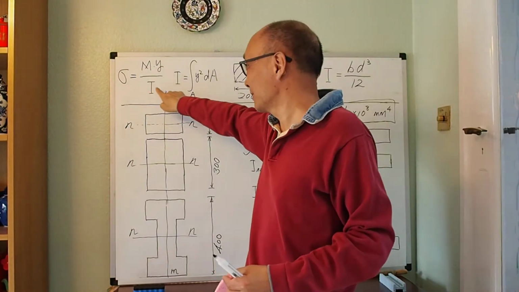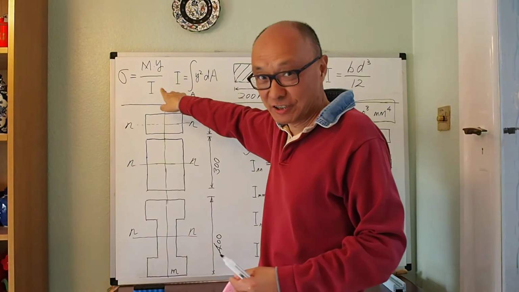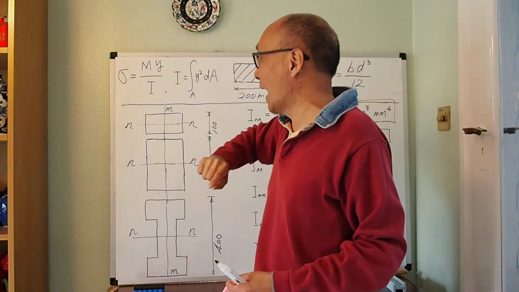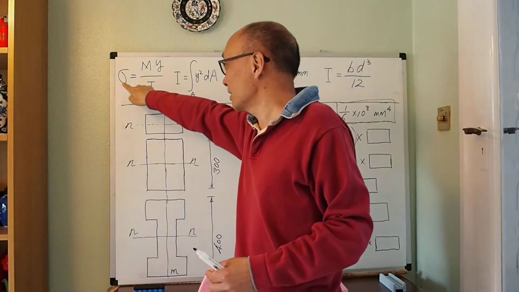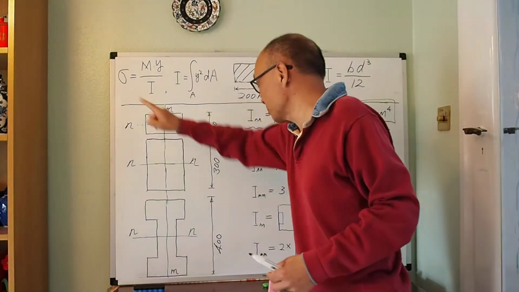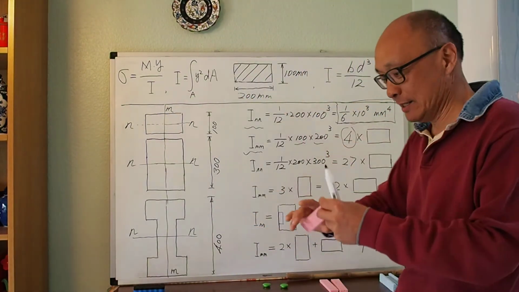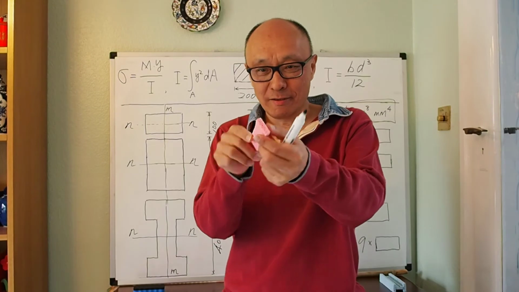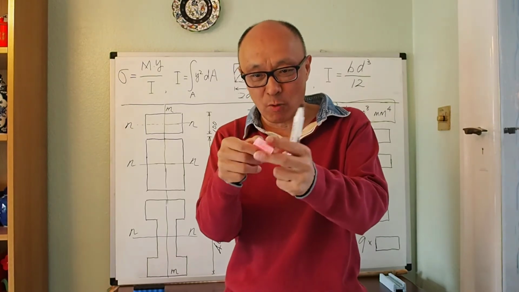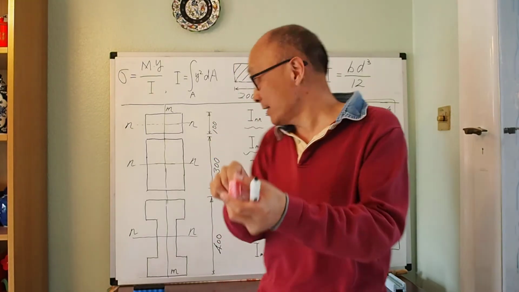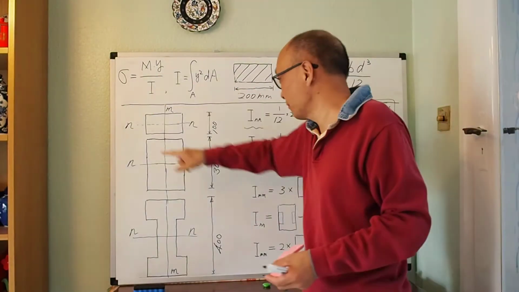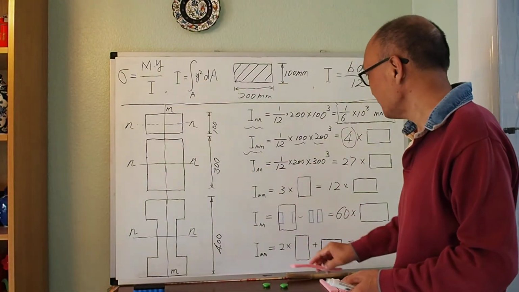Okay, so the stress is inversely proportional to I. So if this is larger, this becomes smaller. The stress becomes smaller. So this second case, yeah. So repeat: if you bend it that way, and if you flip it, the stress becomes 4 times smaller. Right?